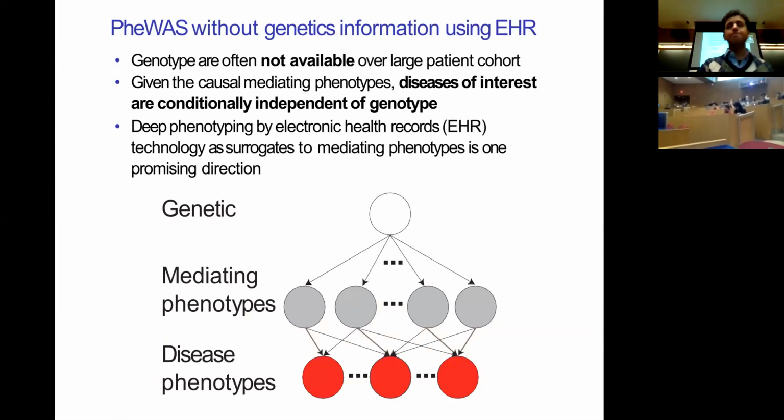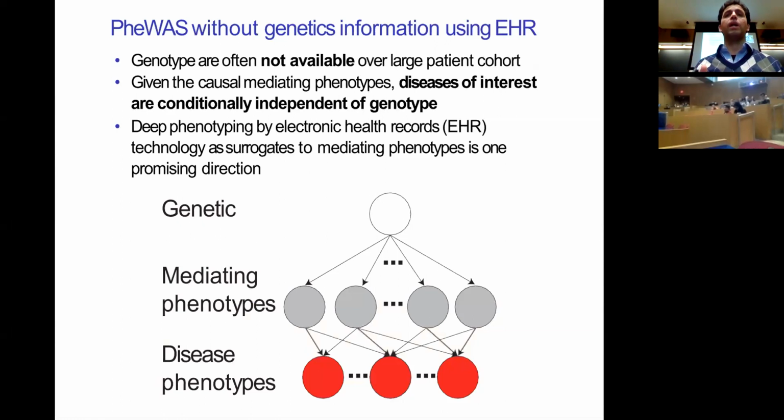The reason for that is there are truly millions of individuals in different hospital systems, such as the Mayo Clinic, the Partners Healthcare here, the Geisinger system, Kaiser Permanente. All of these contain millions of individuals, but only a small fraction of those have been genotyped.